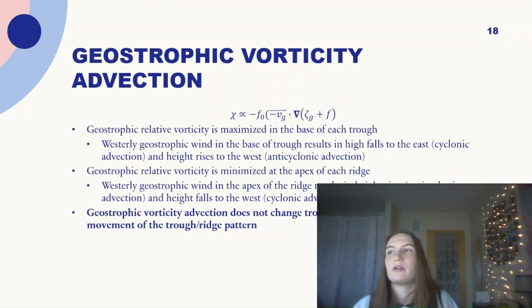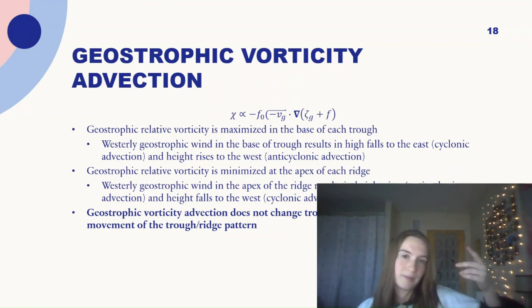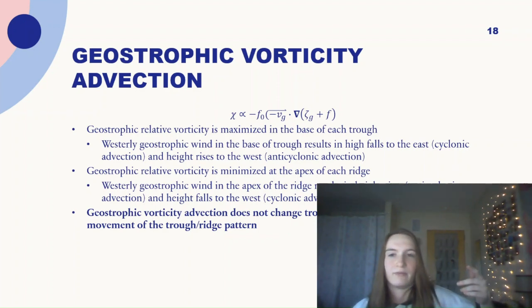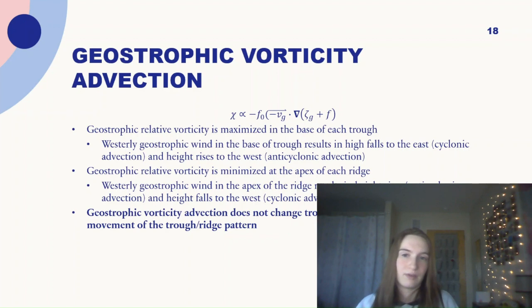Geostrophic relative vorticity is minimized at the apex. So we have anticyclonic vorticity at the top of each ridge. So we have height rises, anticyclonic advection to the east, and height falls, cyclonic advection to the west. The important thing here is geostrophic vorticity advection does not change the trough ridge amplitude most of the time.